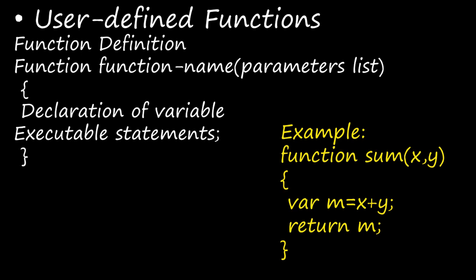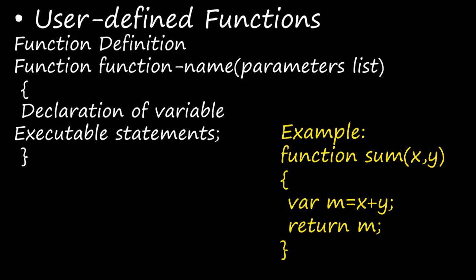For example, if you want to enter the parameters x and y, it will be written as function sum, and inside the brackets x comma y. And then the function body must be enclosed by braces. That means we have to start and end with braces only.